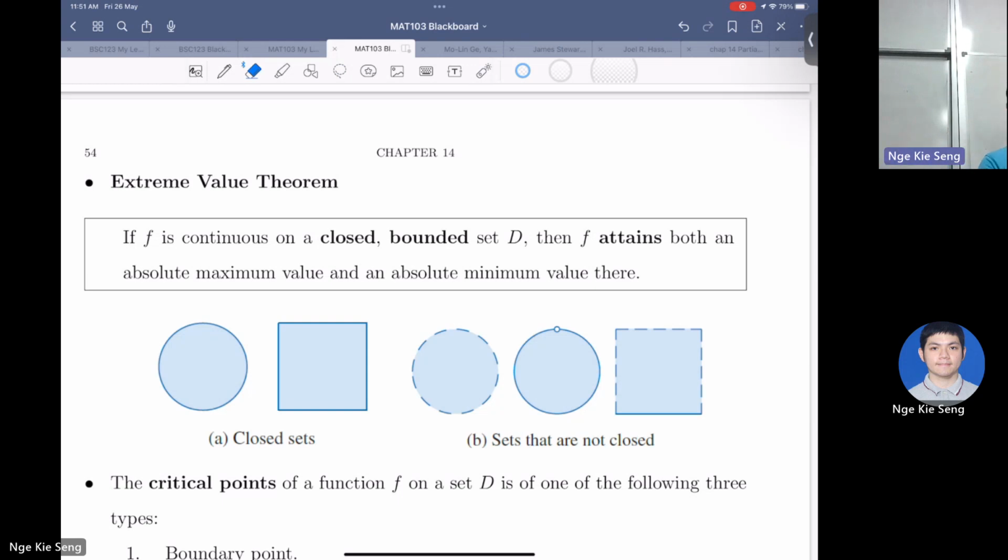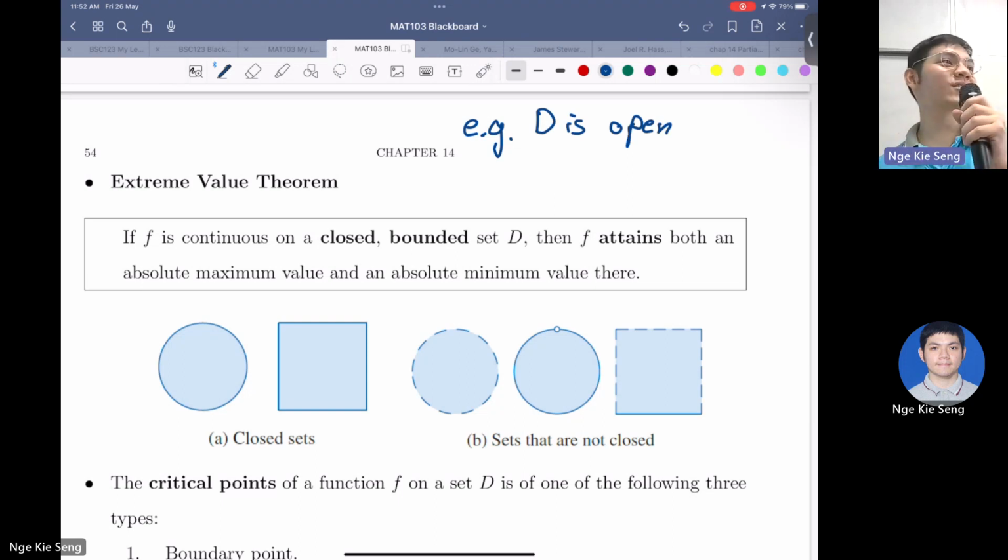Remember what open is? Seems like I need to go a little bit into topology. So what's open? Open is not closed, closed is not open.